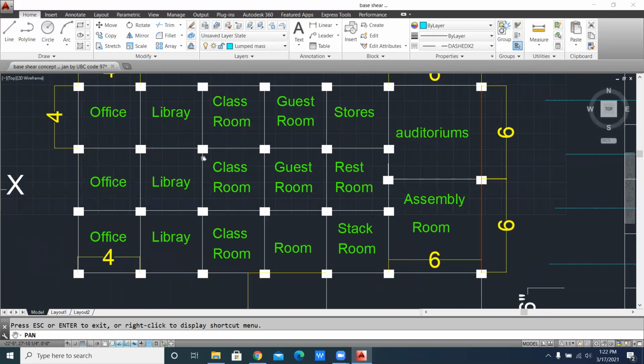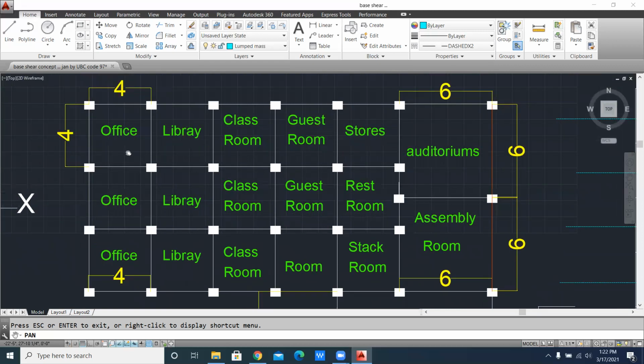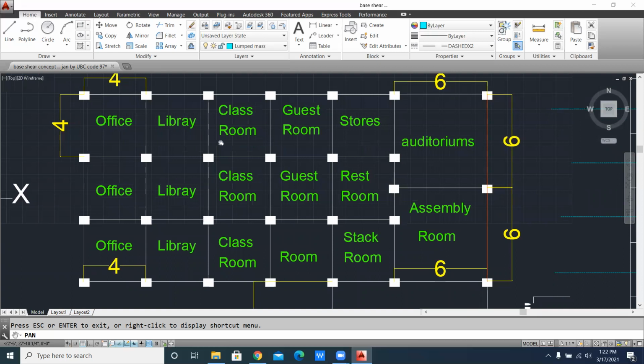Now, what is the difference between dead load and live load? The load on the building during construction. Environmental load is also a dead load. Sorry, environmental load is actually live load, because snow load, rain load and other such loads are live loads.